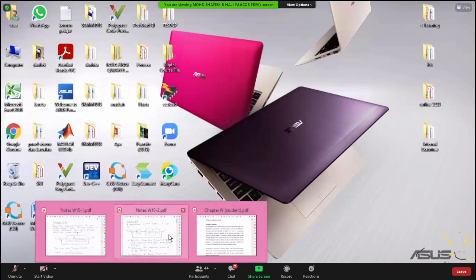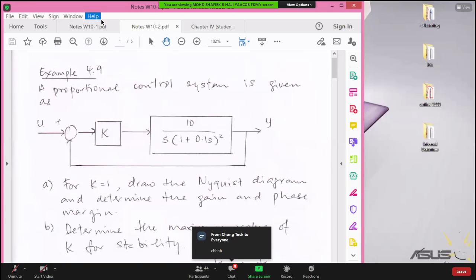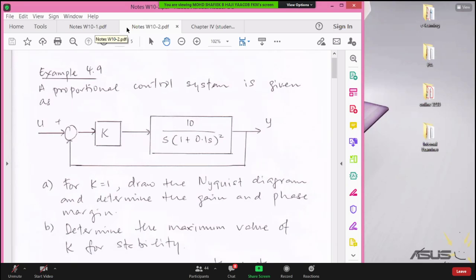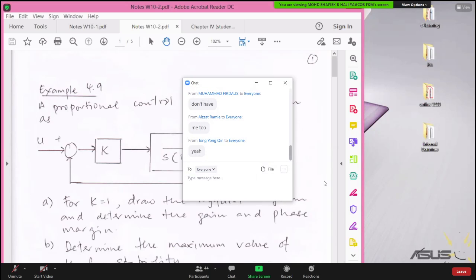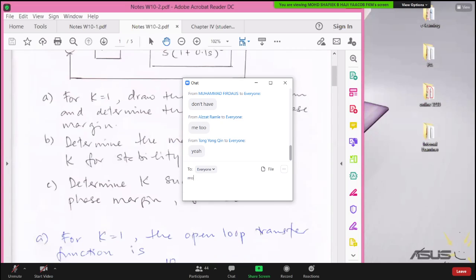You have this note on your e-learning. Anybody else that cannot find this note on your e-learning? Anybody else? Probably I'll go and double check that. Anybody else have any problem extracting these notes from e-learning? Anybody else? What the hell's going on here? It is there.